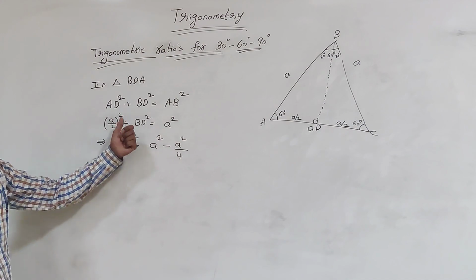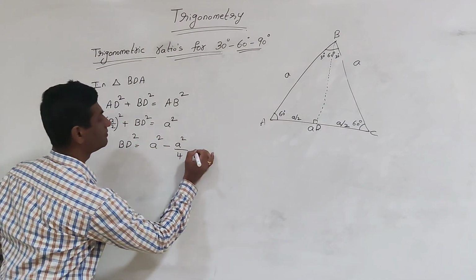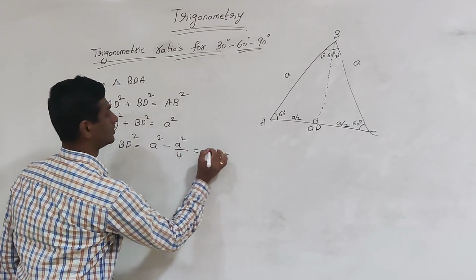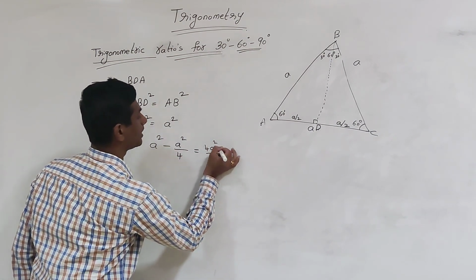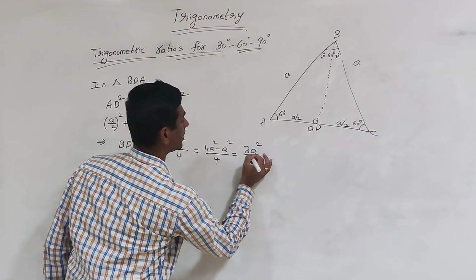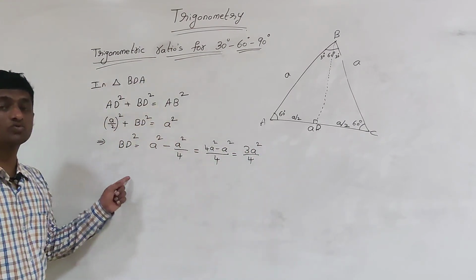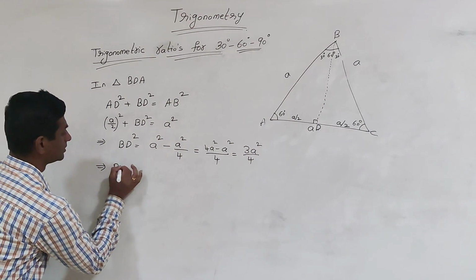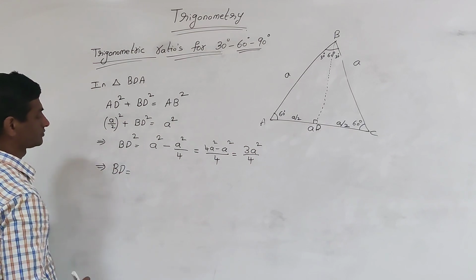A by 2 whole square means a square by 4, and if you simplify, 4 is the LCM, 4a square minus a square, that is 3a square by 4. That is the square of the length BD, but we require BD. So what is BD?